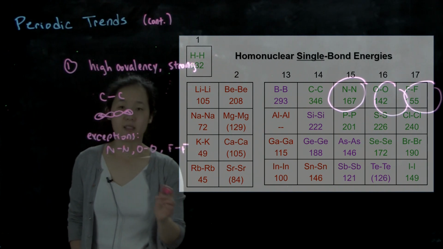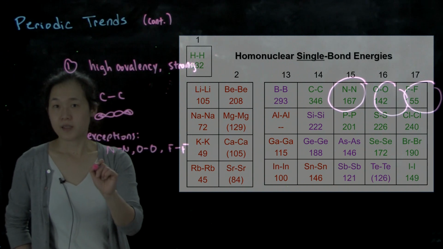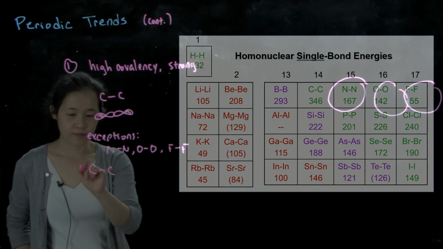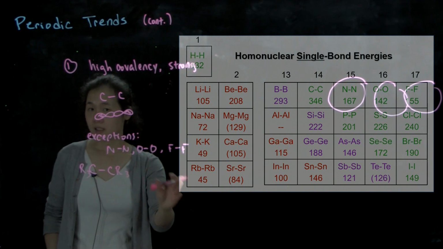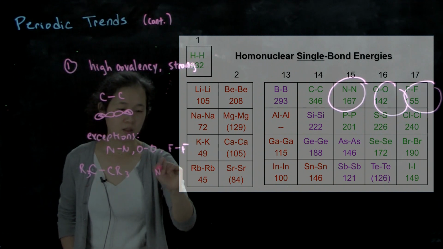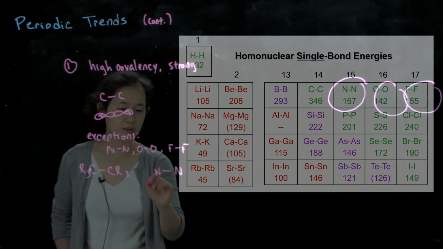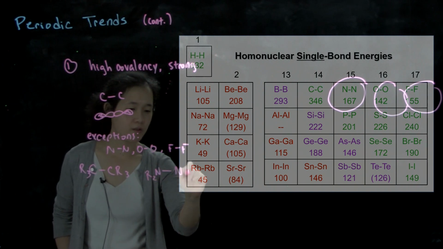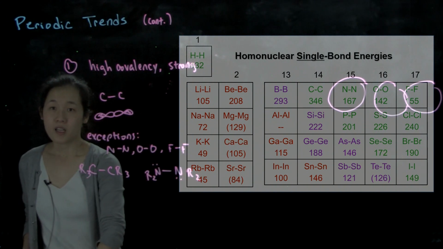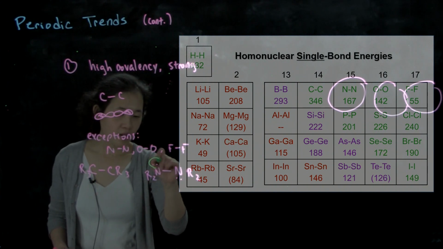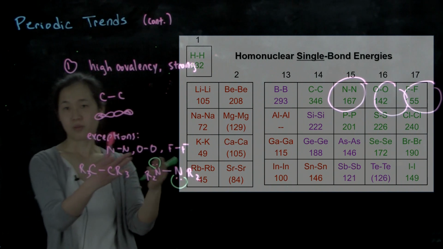The reason for this is if you think about, let's say, an alkane, our CC bond, that's all well and good. If we think about the analogous nitrogen molecule, some sort of hydrazine, R2N-NR2, now we have lone pairs. In this case, we have electron-electron repulsion between the lone pairs.